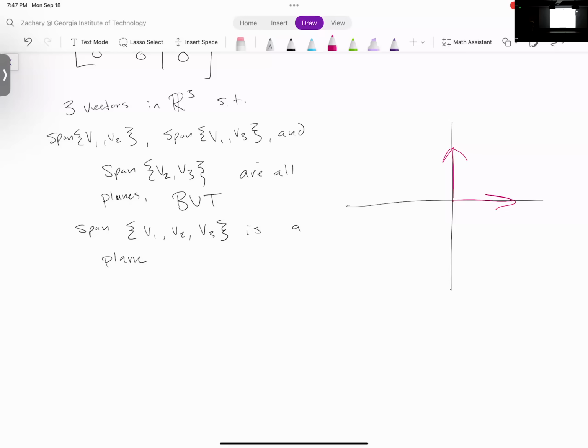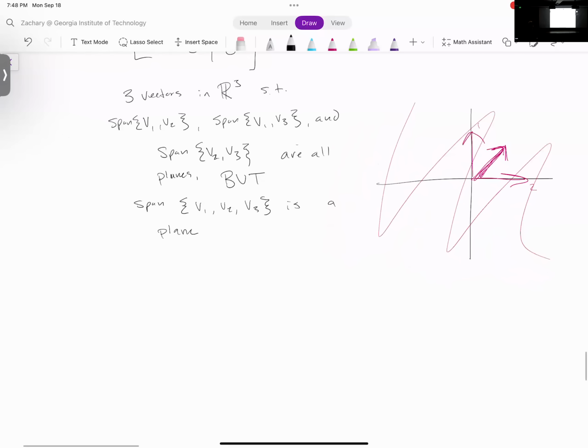These 2 vectors, the first one, the second one, would create this whole plane, right? So this third vector lies on that plane. It doesn't add any new information. But any combination of these 2 vectors will still span a plane because they're still different vectors. That's to think about it geometrically.